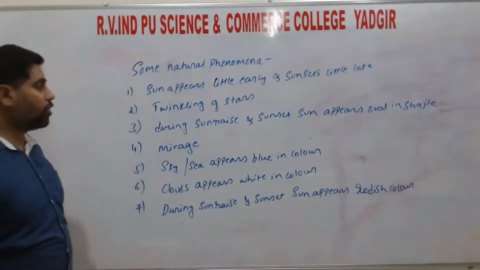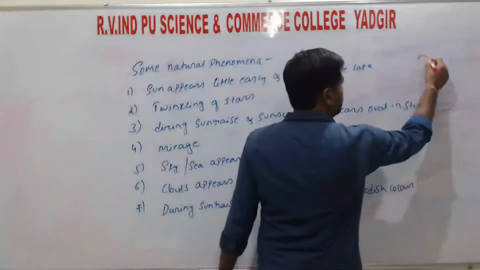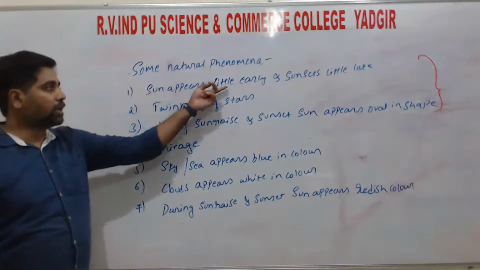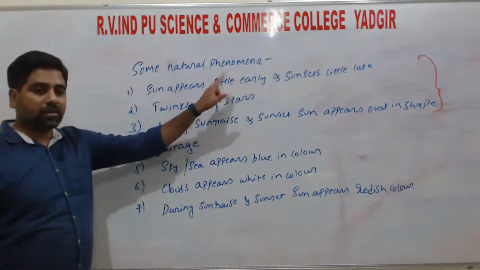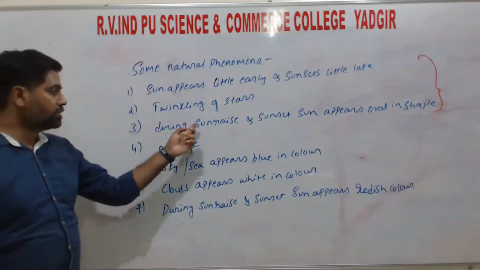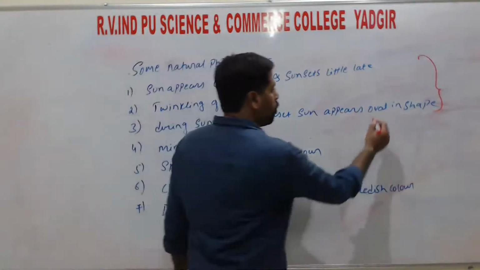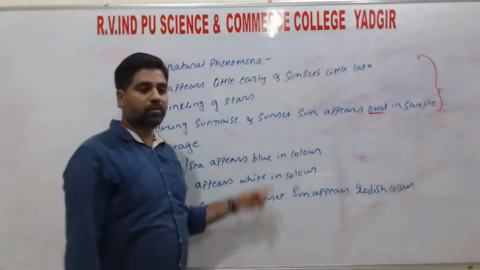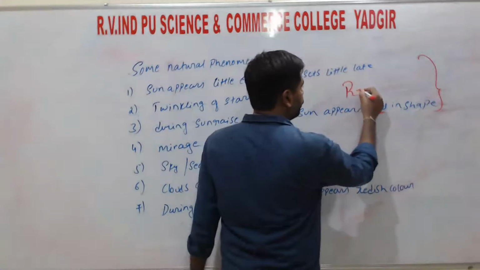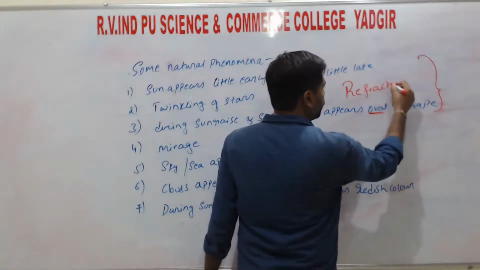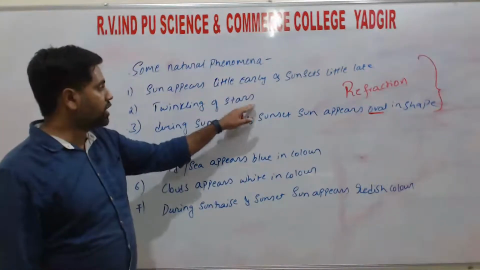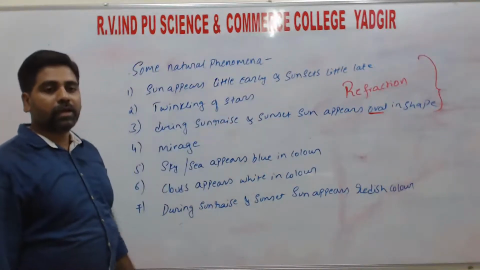The starting three, that is the sun appearing a little early, sunset a little late, twinkling of stars, and the sun appearing oval in shape during sunrise and sunset, are all caused due to refraction.